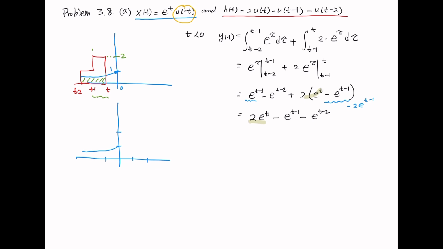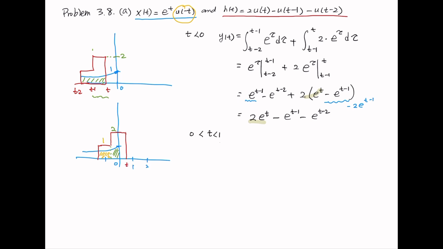The next interval we need to identify is t between 0 and 1. In this case, we have this much times 2 and this much times 1.